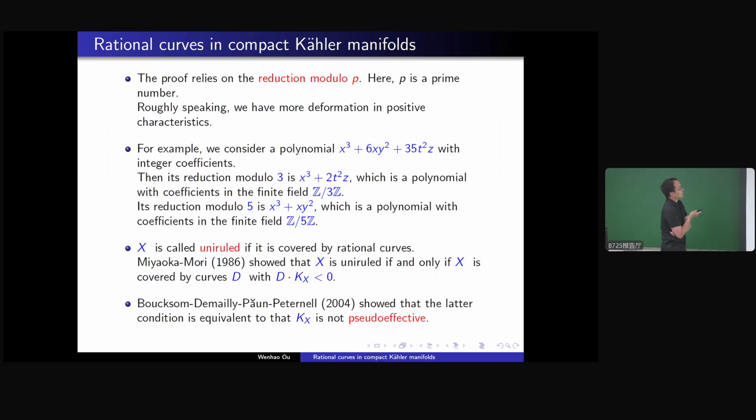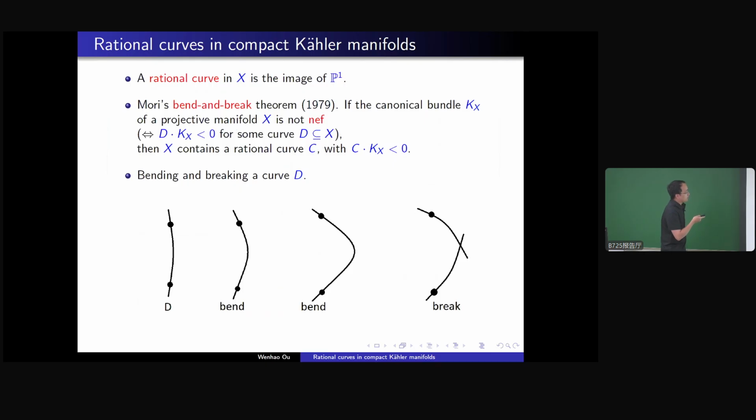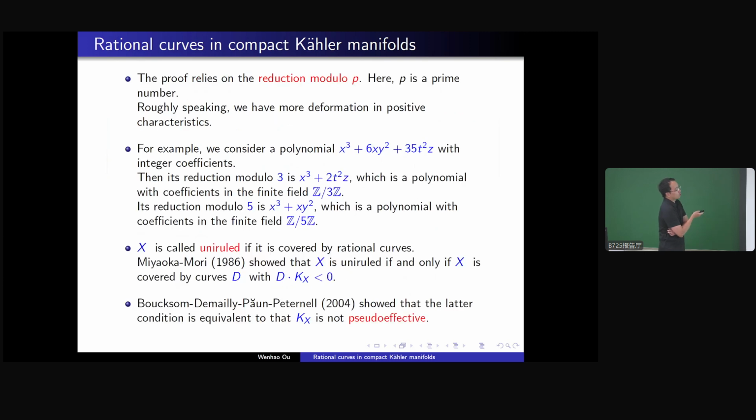Roughly speaking, in the world of positive characteristic, we will have more deformations, and deformation will be easier. Indeed, there is the so-called Frobenius map which can make this intersection number extremely negative. But the Frobenius map does not exist in the world of characteristic 0.